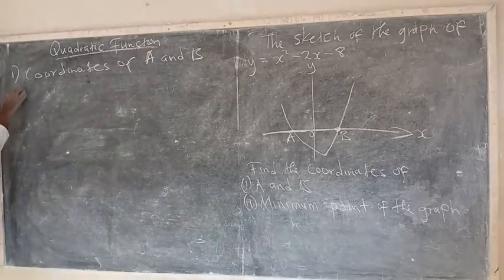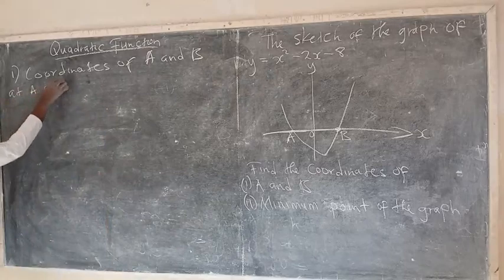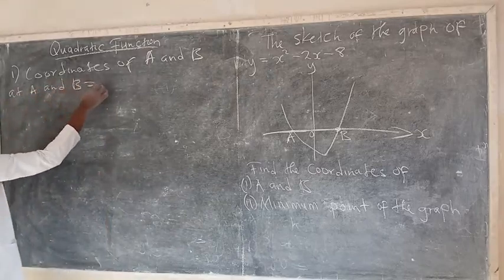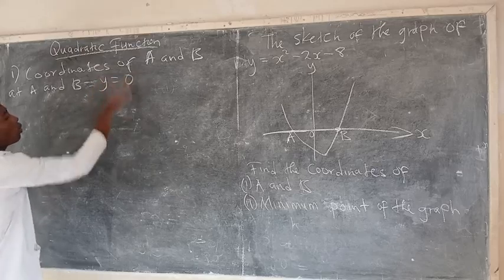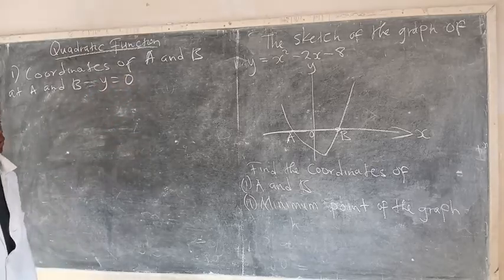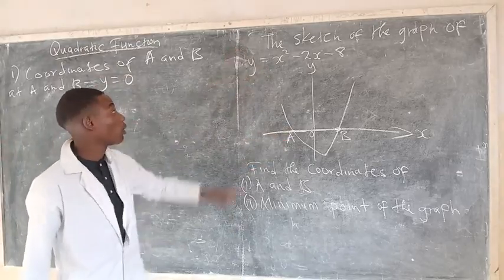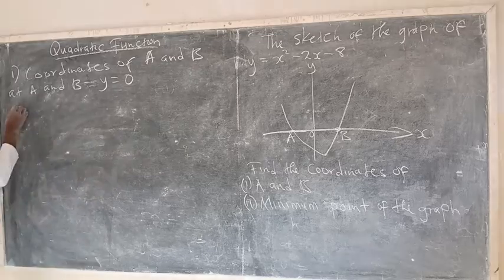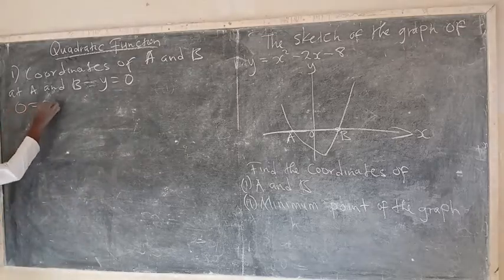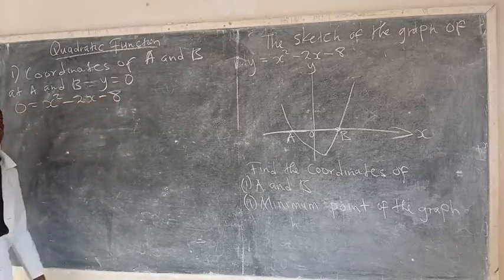Therefore, at A and B, y is equal to 0. So how do you use this rule? In the equation, where there is y, it becomes equal to 0. So this is the same as saying 0 should be equal to x squared minus 2x minus 8.